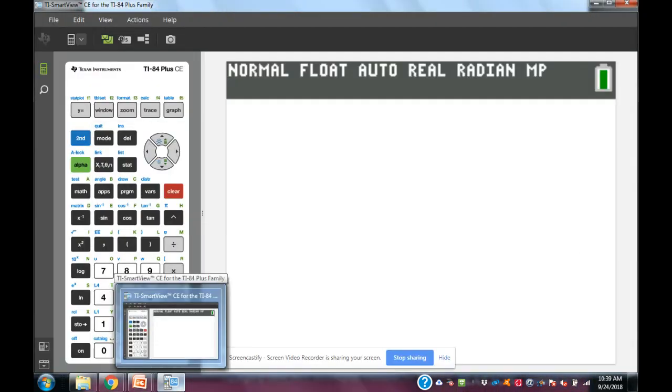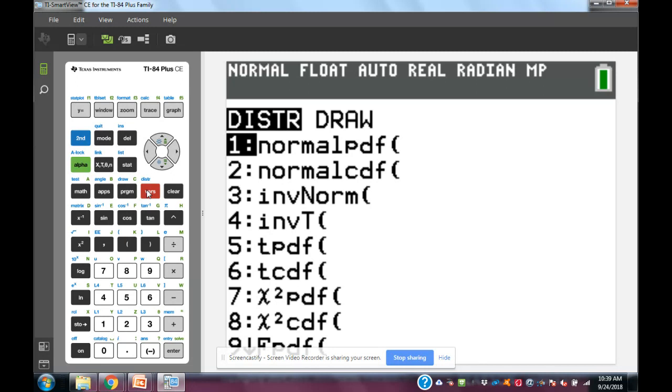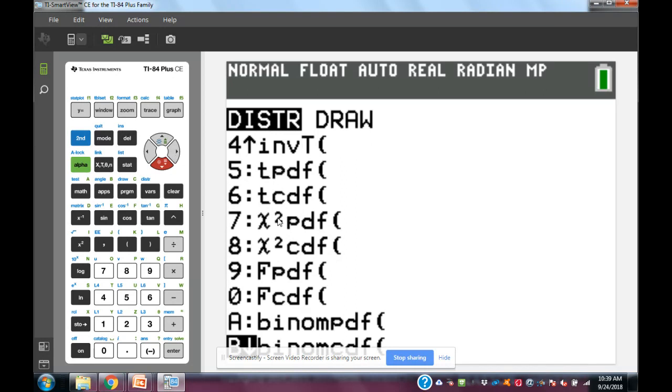All right, with the graphing calculator, you want to hit second and then the variables button, which is distributions. We're looking for a binomial distribution. So we scroll down through there till we find binomial PDF, probability distribution.